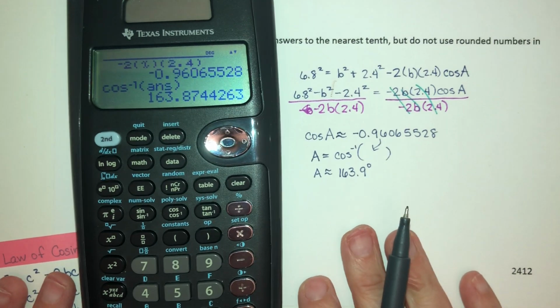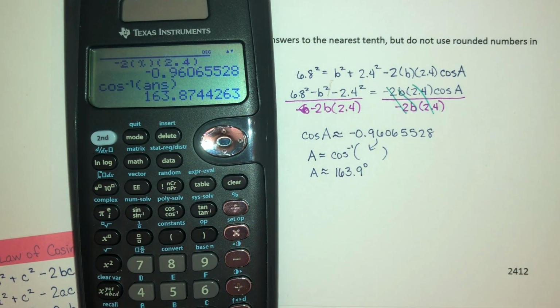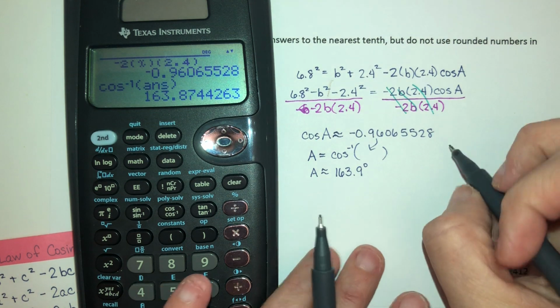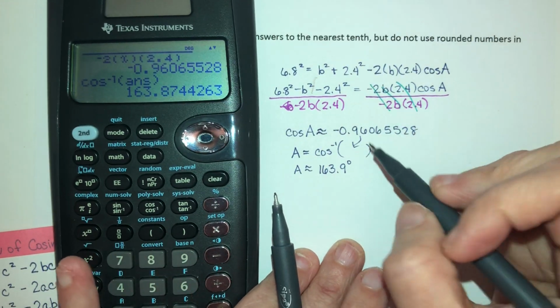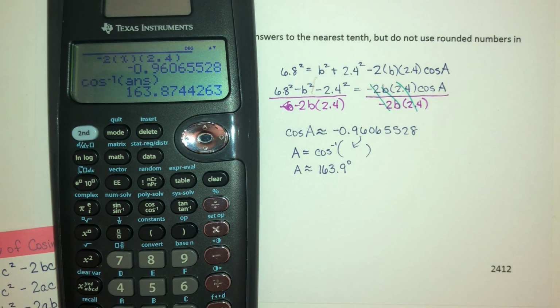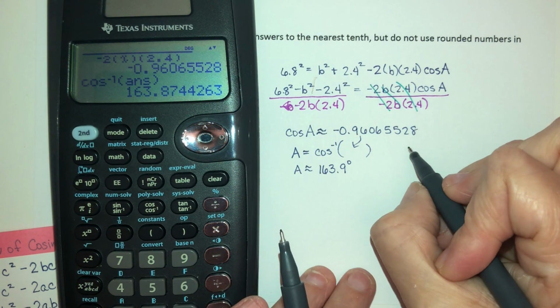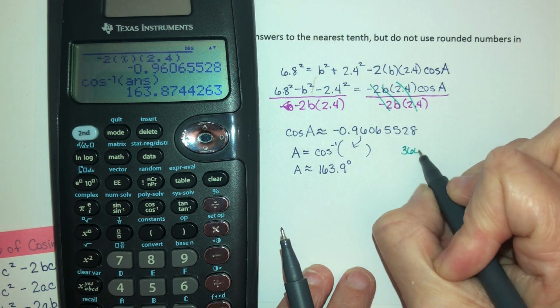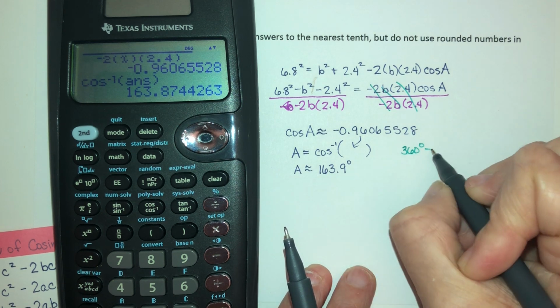Okay. Now remember, with cosine, our other possible solution would be, when we were solving them before in the last chapter, we did 2 pi minus, but since we're in degrees, I'm going to do 360 degrees minus this.